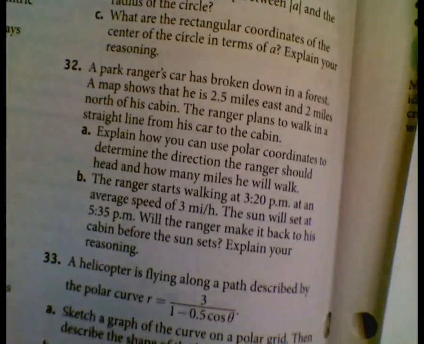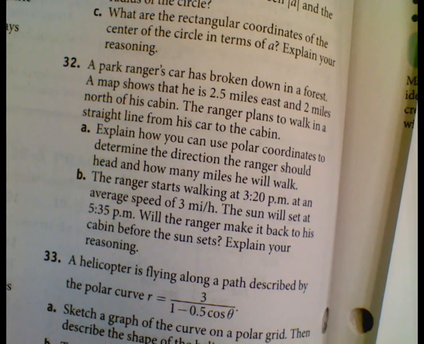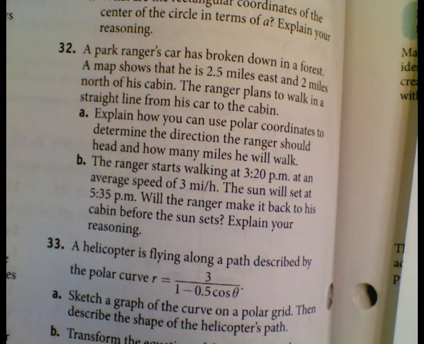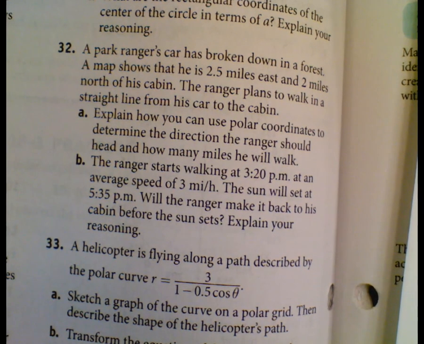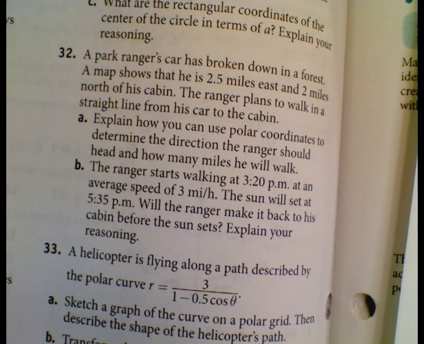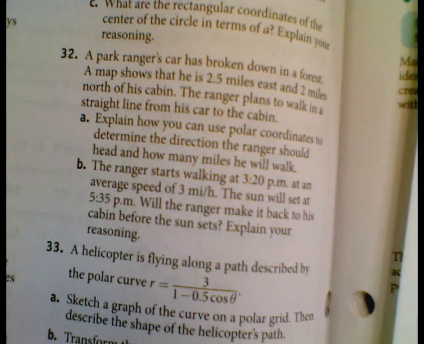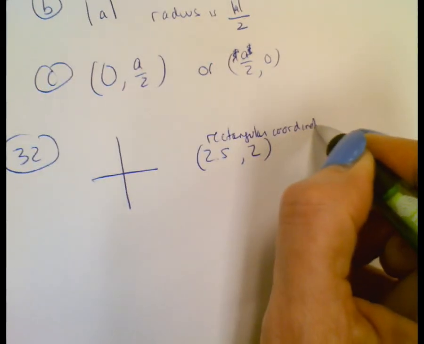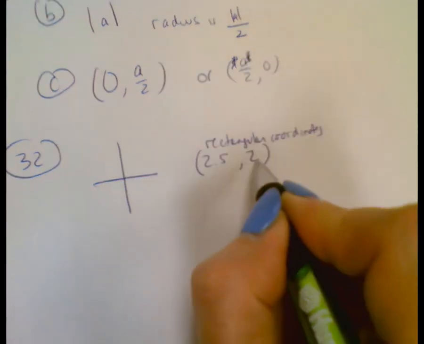All right, here we go. Real problem. A park ranger's car has broken down in a forest. A map shows that he is 2.5 miles east and 2 miles north of his cabin. These are rectangular coordinates. 2.5 east and 2 miles north.